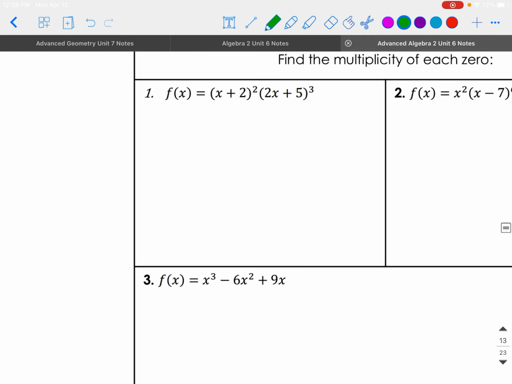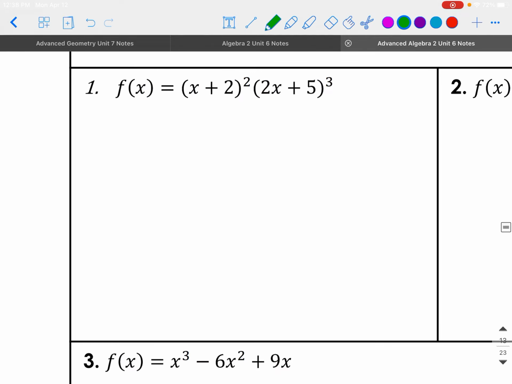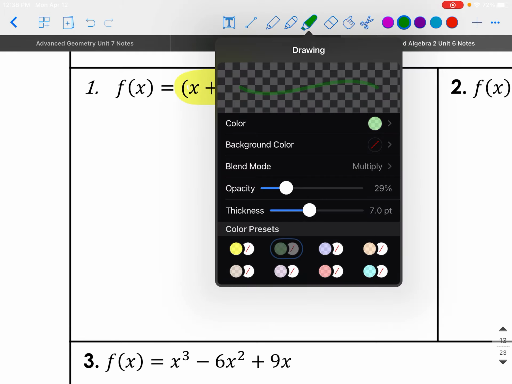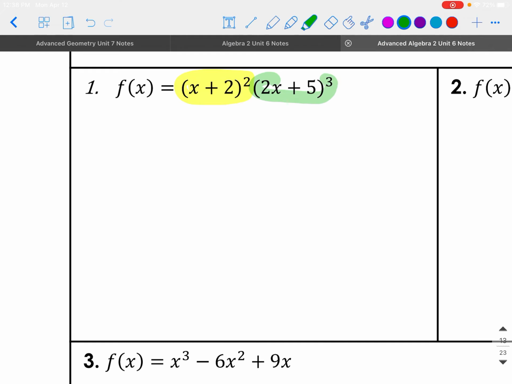And so if we look at number 1, we have this x plus 2 with a squared, and we have the 2x plus 5 with a cubed. And so we want to find the x-intercepts and the multiplicity. So just for the x-intercept, you take what's in the parentheses and set it equal to 0.